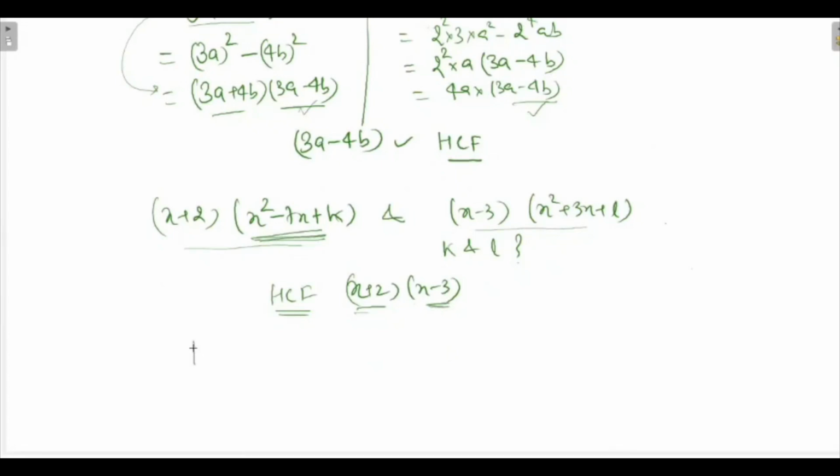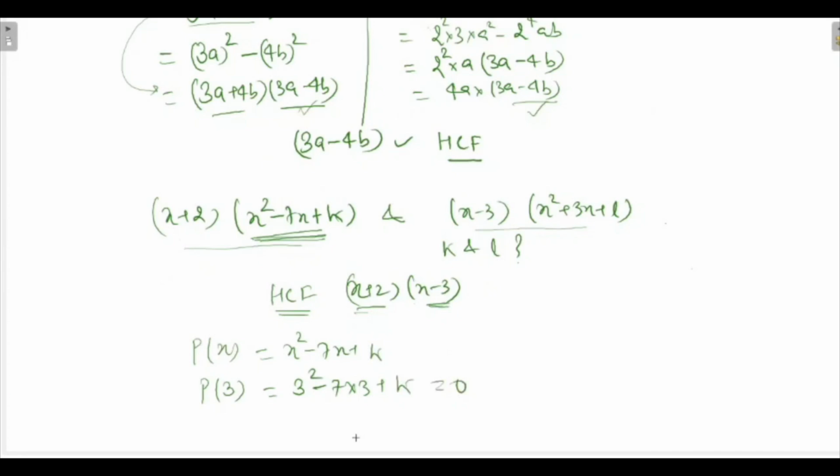If I say p of x is x square minus 7x plus k and it is divisible by x minus 3, does it mean that if I put p of 3, then this will become 3 square minus 7 into 3 plus k, which should become 0? Can I say that?